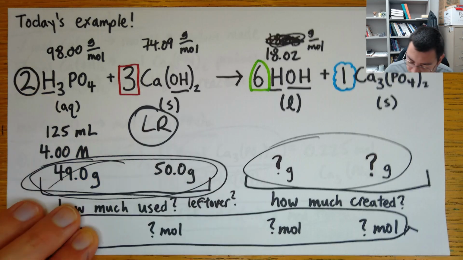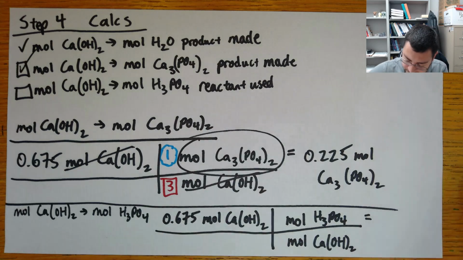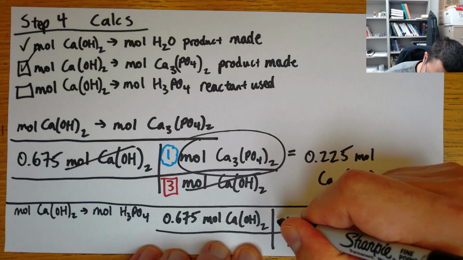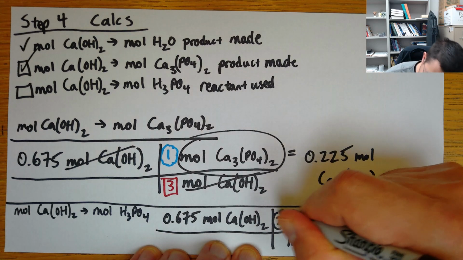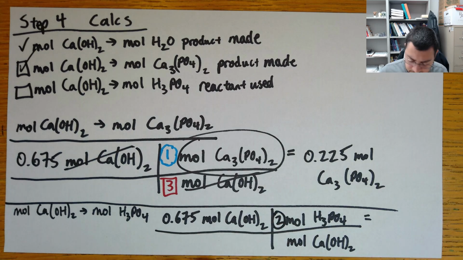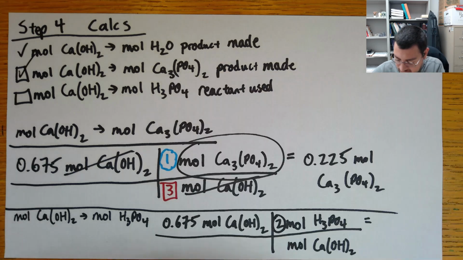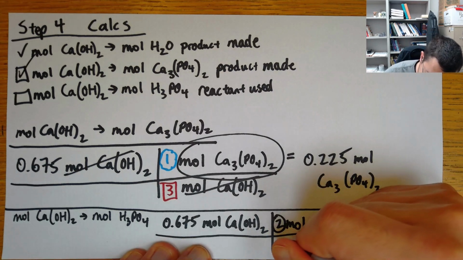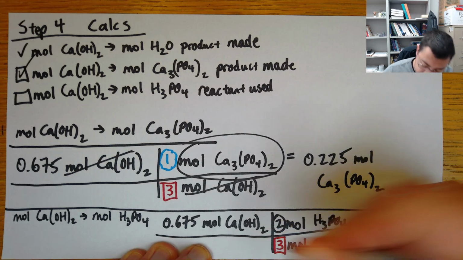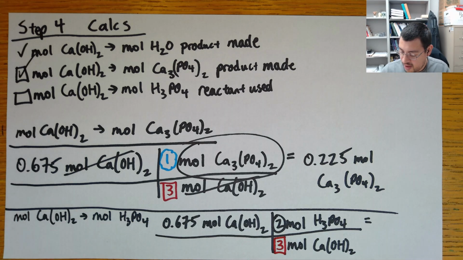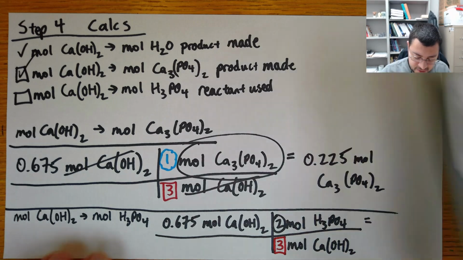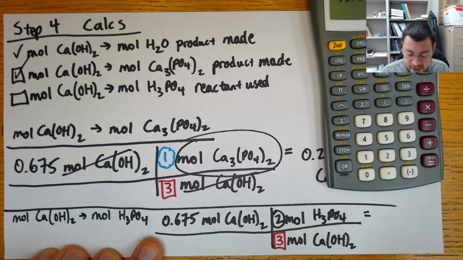All right, we got 2 there, the black circle. And then, oh yeah, 3 with the red box. It's always going to be a 3 in the red box for the remainder of this problem. In our denominator. Okay, so basically we're just taking that number and multiplying by 2/3.